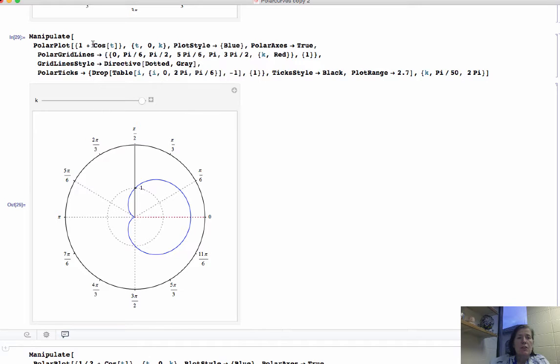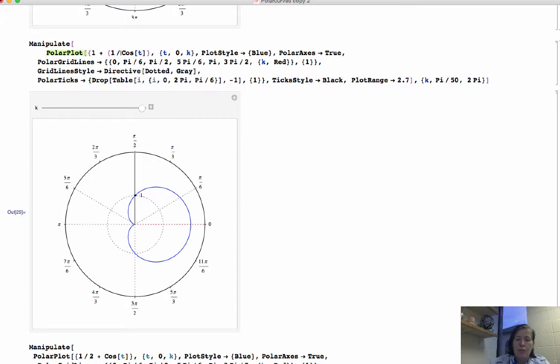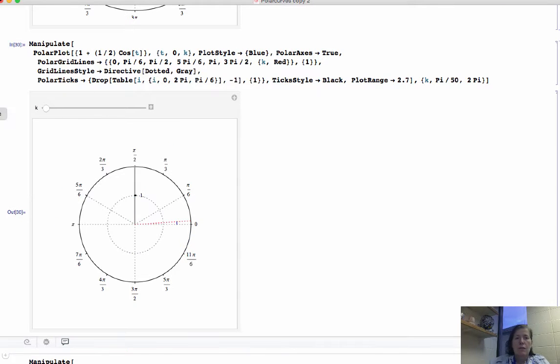Now if I change this just a little bit, say I take 1 plus 1/2 cosine of theta, and if I graph that, then things change just a little. It's a mildly heart-shaped object, but you see it doesn't come into the origin here at 0.